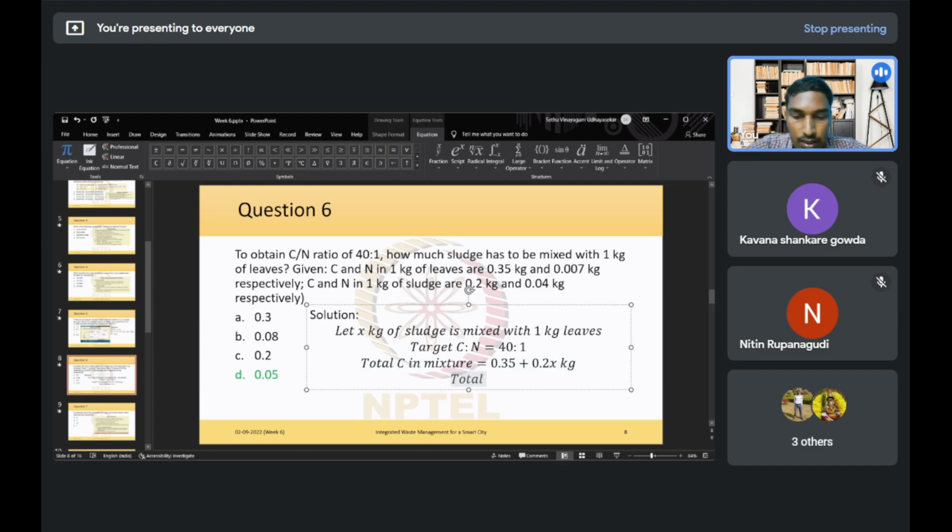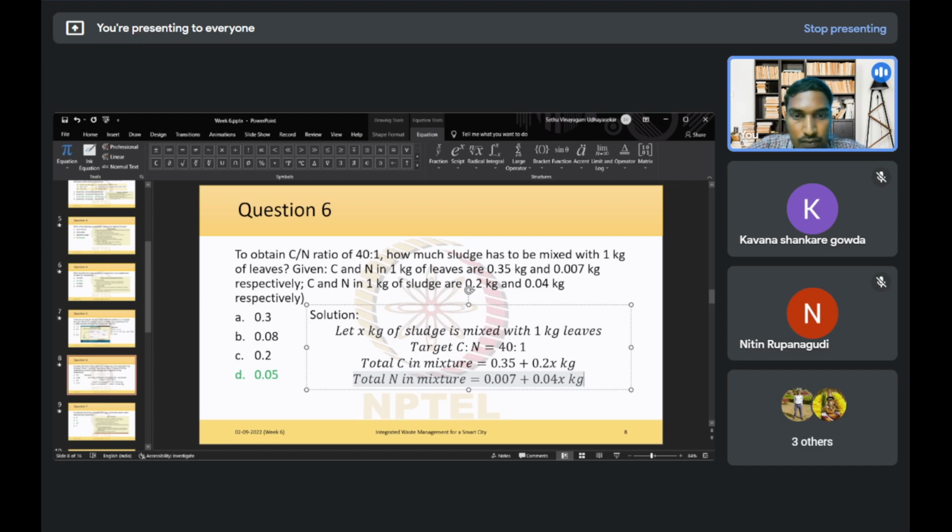Similarly, we can find the total nitrogen in the mixture. That will be 0.007 kilograms in 1 kg of leaves, and then in x kg of sludge there will be x times 0.04, which is 0.04x. So we know the total carbon and the total nitrogen.